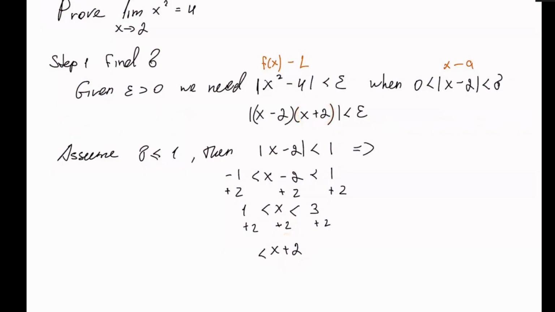That's going to be greater than 3 and less than 5. Therefore, we can say that the absolute value of x plus 2 is less than 5 when the absolute value of x minus 2 is less than 1.